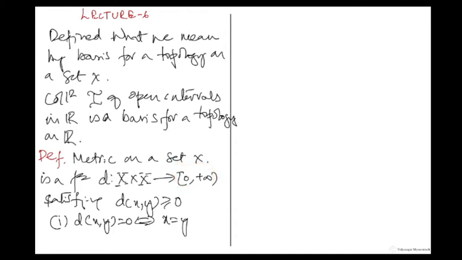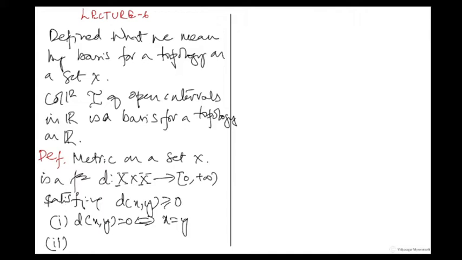For any pair of points x and y in X, d of x, y should always be greater than or equal to 0. In particular, d of x, y, which I would refer to as the distance between x and y, will be 0 if and only if x equals y. That's the first requirement.